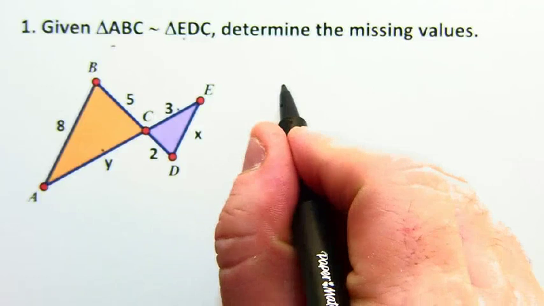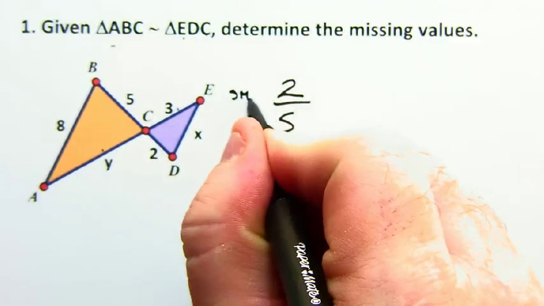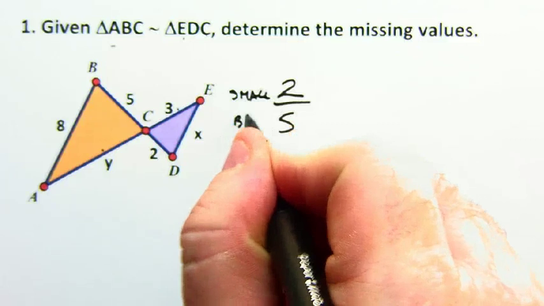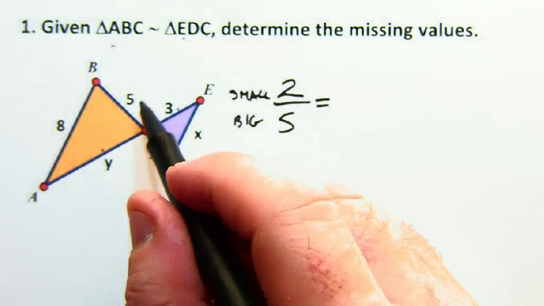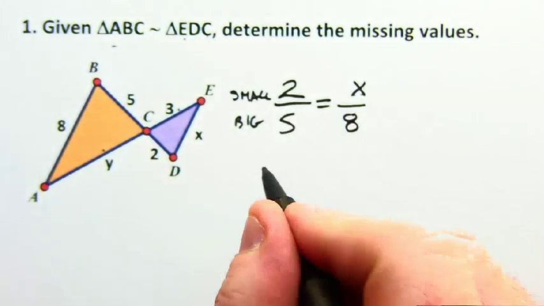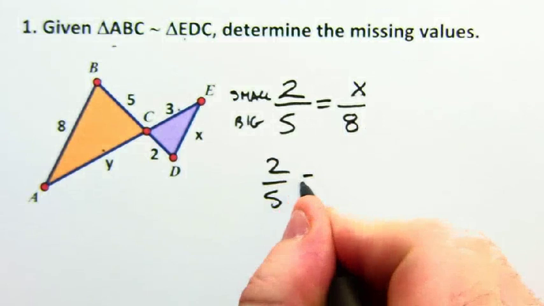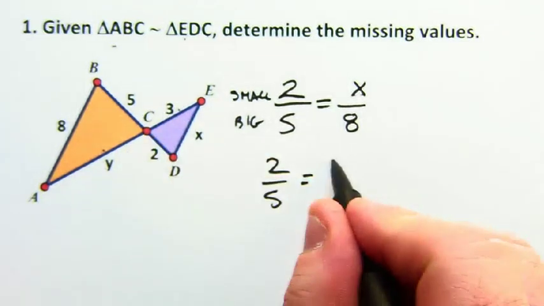It does. So I'm going to say 2 is to 5. Now that's the small one to the big one. And again, I like to keep track of who's matching up with who. So 2 is to 5 as x is to 8, and 2 is to 5 as 3 is to y.